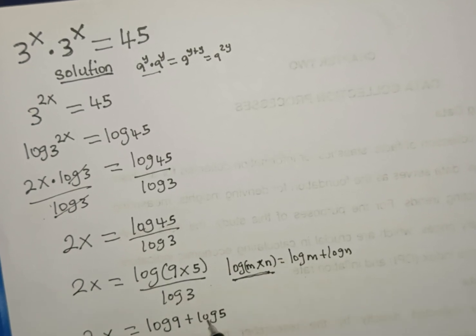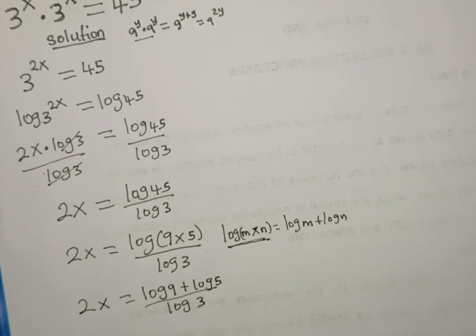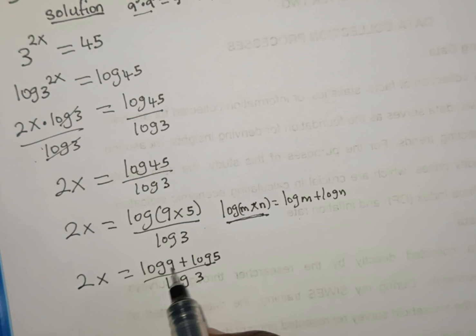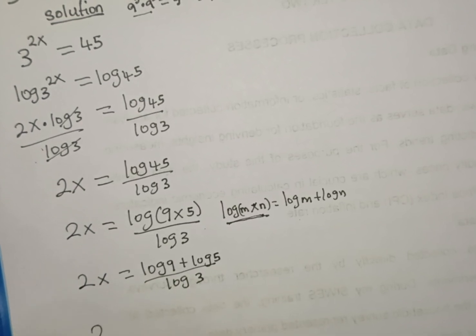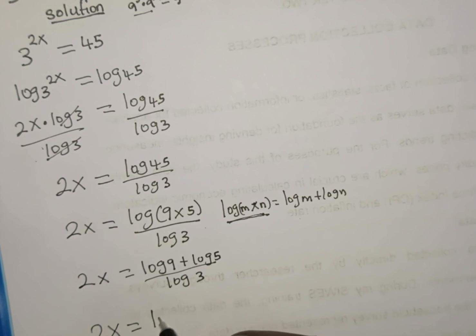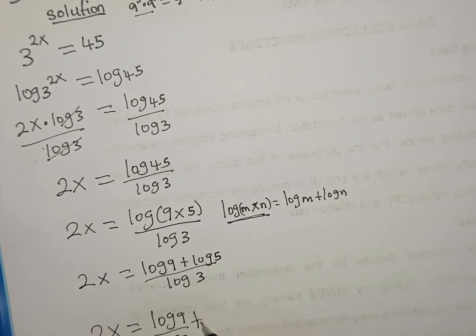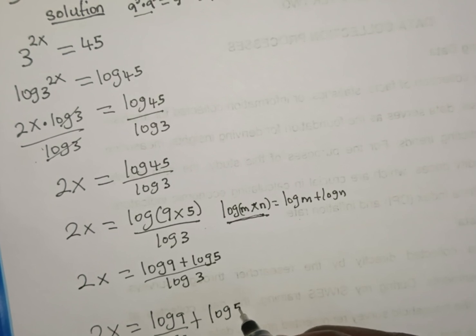It's in this form already, then everything all over log of 3. So the next thing we're going to do, since the denominator is only one term, the two terms in the numerator can share the denominator. So we're going to have 2x to be equal to log of 9 over log of 3, then plus log of 5 over log of 3.